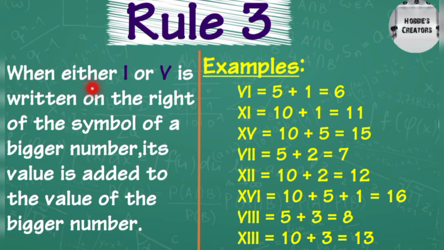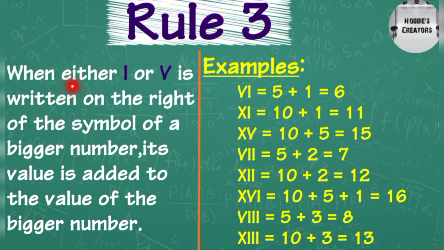When either I or V is written on the right side of the symbol of a bigger numeral, its value is added to the value of the bigger number. So listen carefully here.